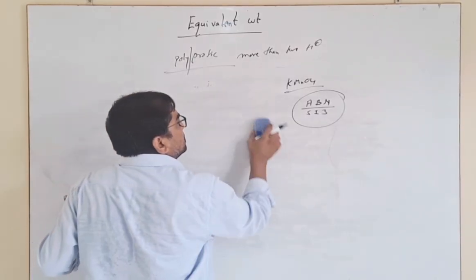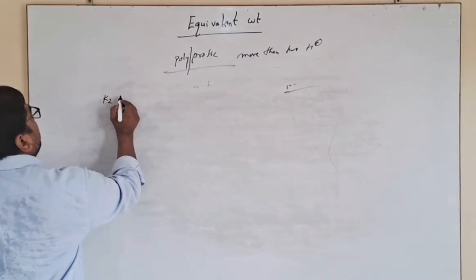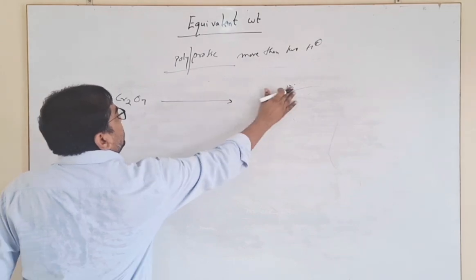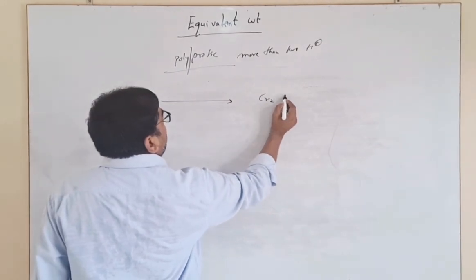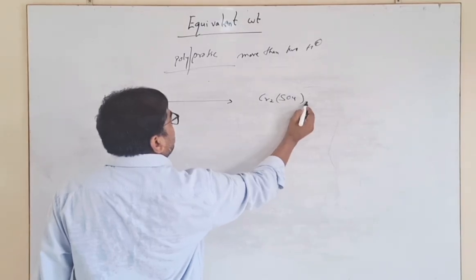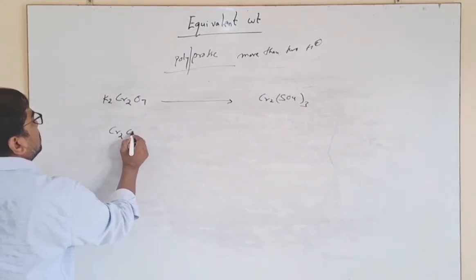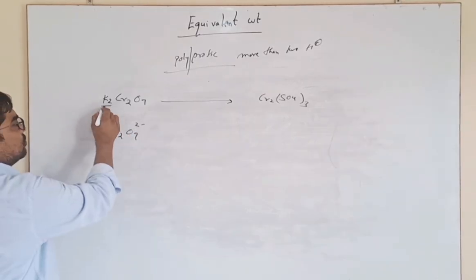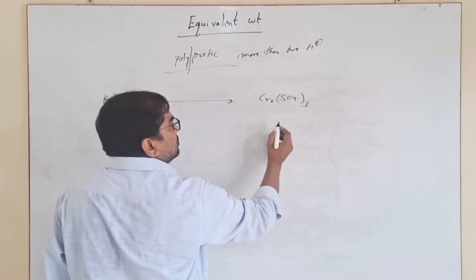Now about K2Cr2O7. Again another oxidizing agent, potassium dichromate, converts into Cr2(SO4)3, chromium sulfate. Converting this molecular equation into ionic form, it becomes Cr2O7 2 minus, because 2 K plus get dissociated, and here 3 SO4 2 minus dissociated.